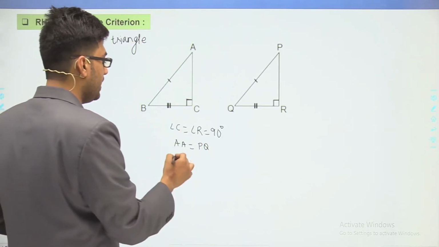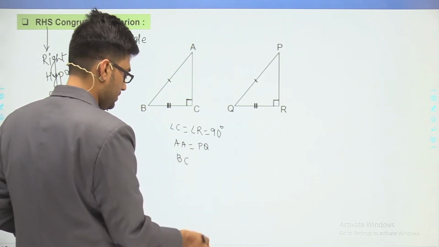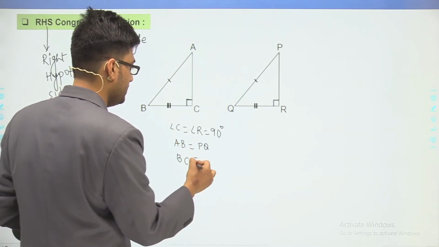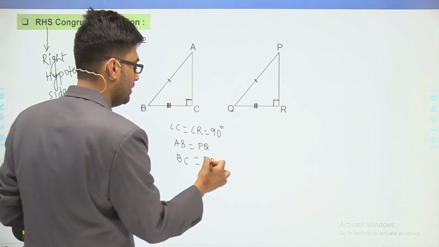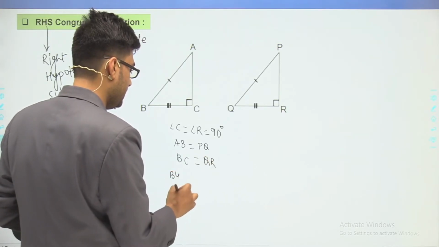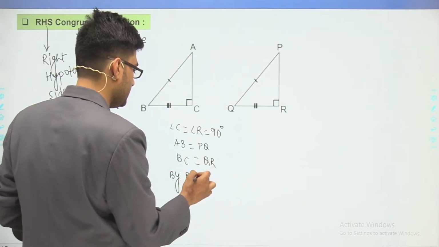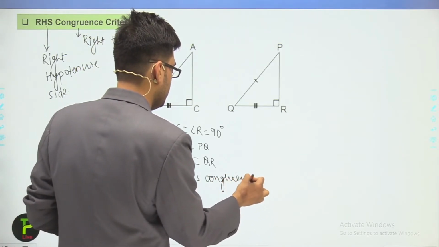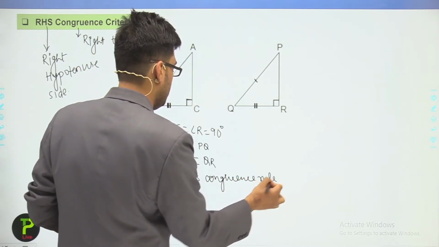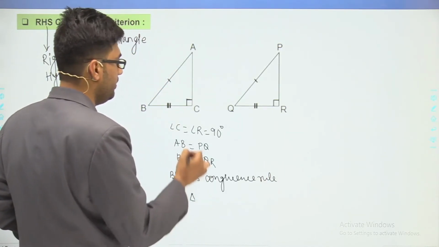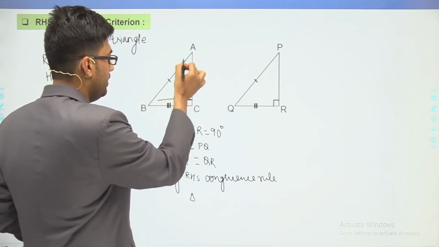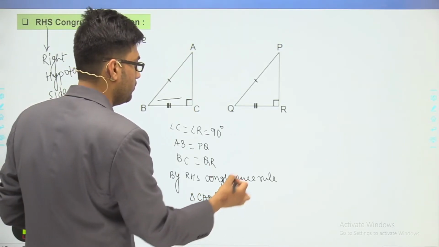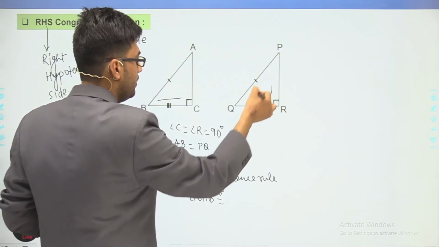And it is given that BC is equal to QR. Then we can say that by RHS congruency rule, triangle CAB is congruent to RPQ.